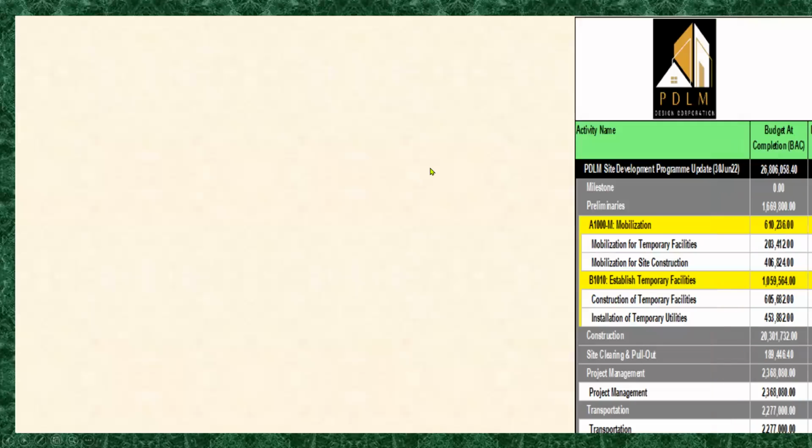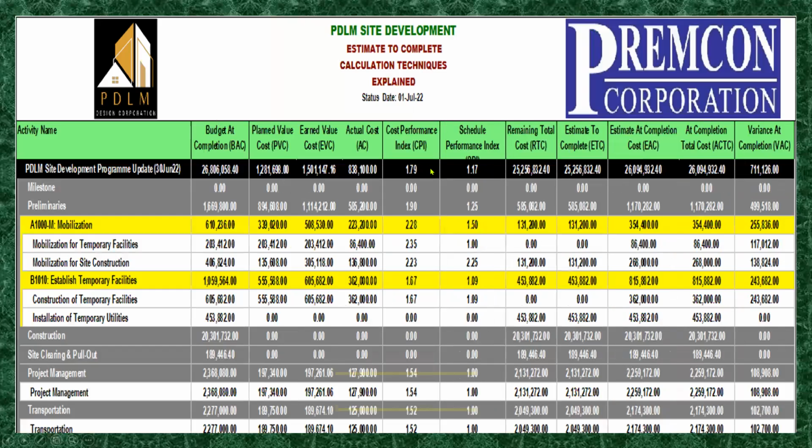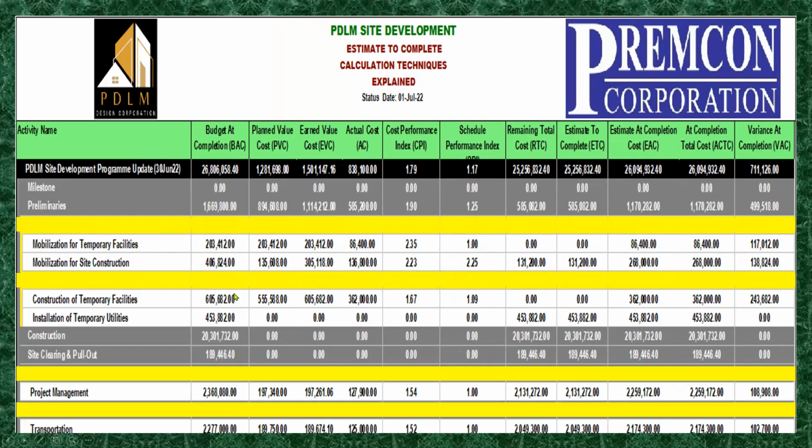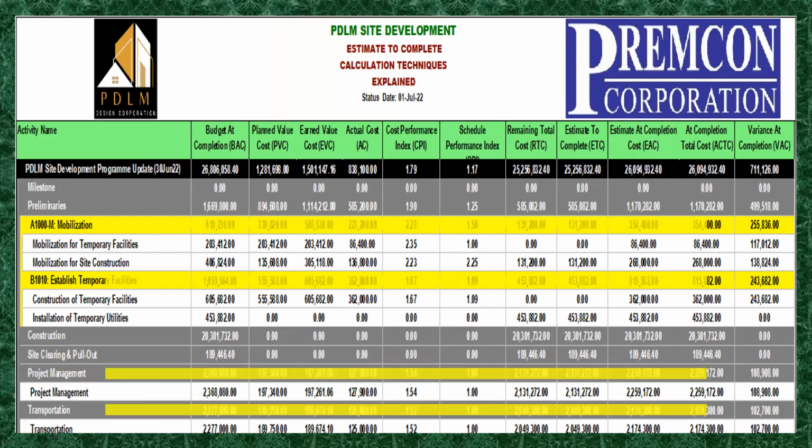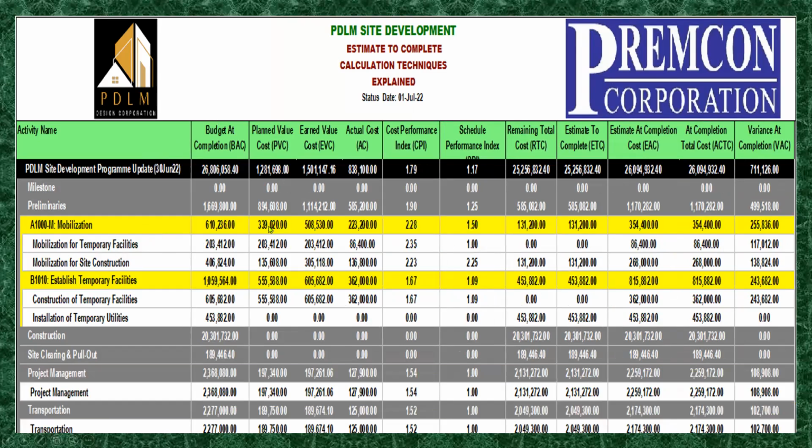Okay, here we go. Have you seen this one? These are the highlighted ones. I mean the WBS, which are in-progress activities. So we will be discussing how the ETC, or the estimate to complete, is calculated.